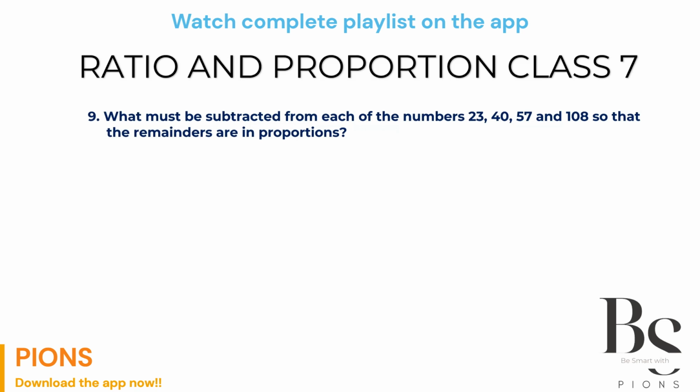So what we will do here, first we'll assume the number to be x. Let the number be x. And if the number is x, then we will subtract it from each. So 23 minus x is proportional to 40 minus x, which is proportional to 57 minus x is to 108 minus x.